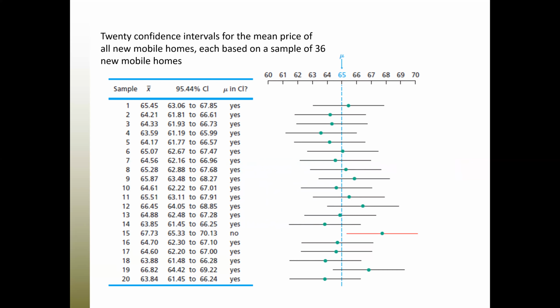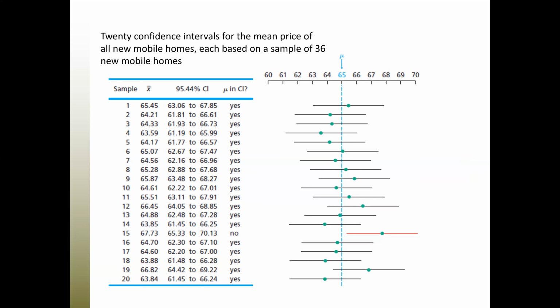So our goal is to make the interval as short as it can be, and that means precision, and meanwhile increase the confidence level as close to 100% as possible. Usually it should be 90%, 95%, or 99% confidence level. Those are the most commonly used levels of confidence. All right, so now you got the basic idea.